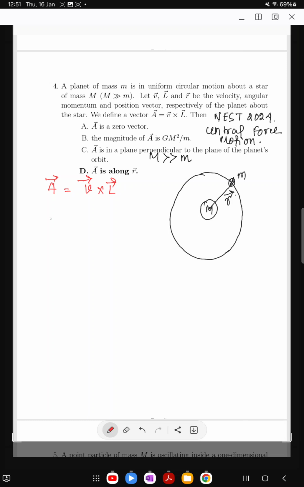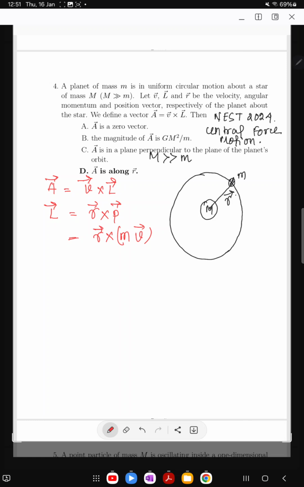Initially we can know that the angular momentum of the planet of mass small m about the mass capital M will be R cross P, so this is R cross mV.